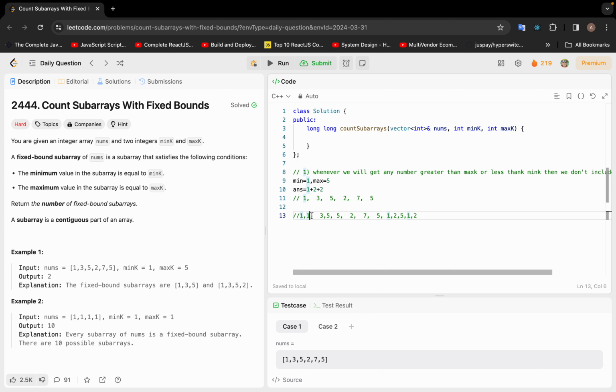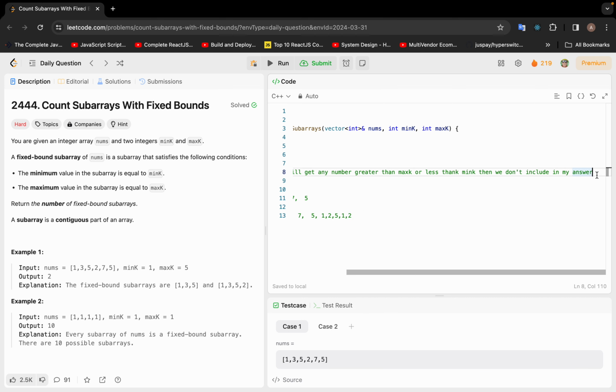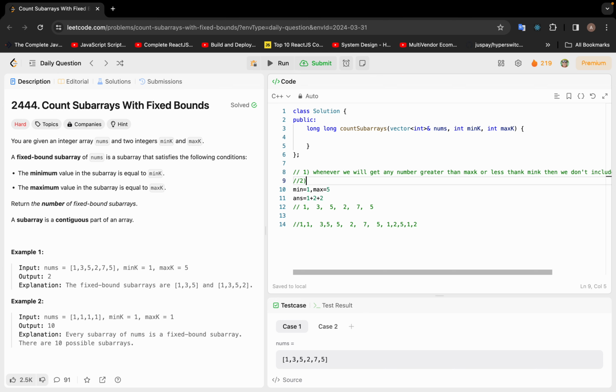If you go beyond this index, you will not find 1 and that will not be an answer. So one thing I observe here is that we need to maintain the index of min k and max k.